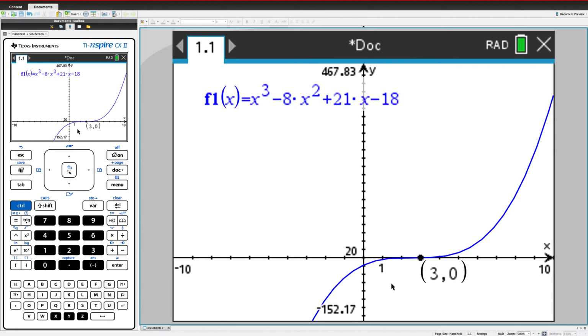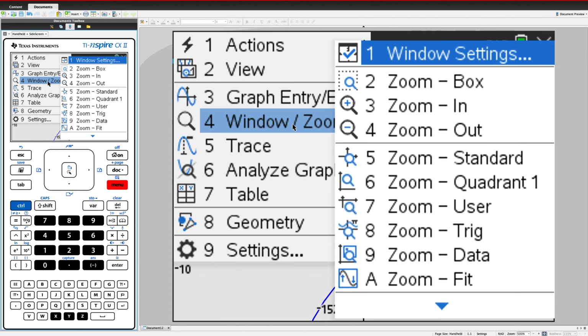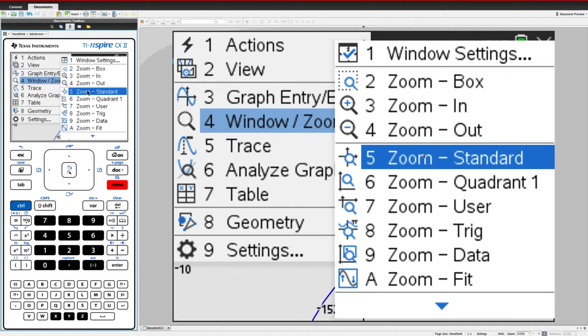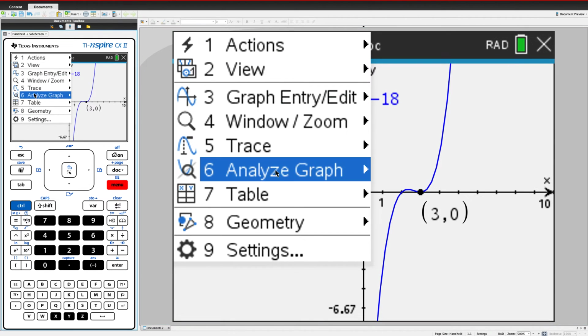No, wait. 2. Do I need to zoom back in? I'm going to go menu, window zoom, back to the normal view. Zoom, standard. Okay. I agree with you. It shows more than 1 zero here. I got 1 at 3. And it looks like at positive 2 I also have 1.